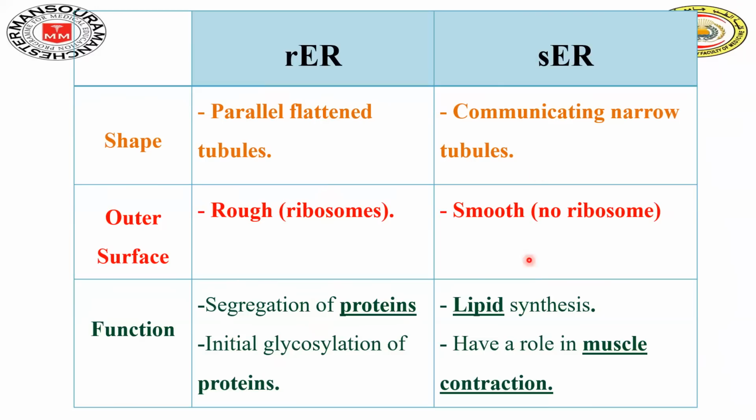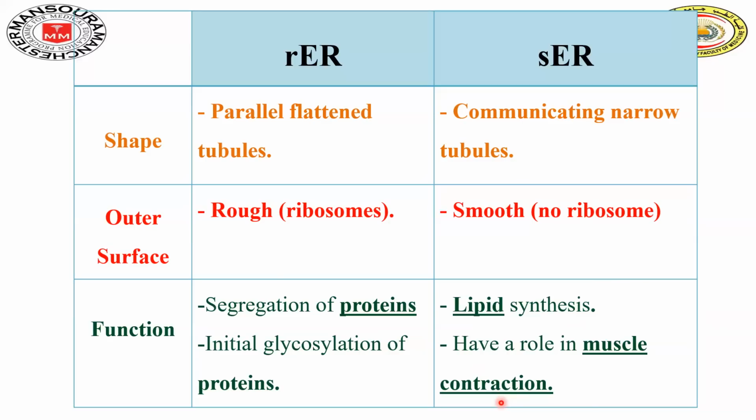Regarding the smooth type, it will deal with the other components in the body. Here we have proteins, but smooth will have a function regarding lipids and carbohydrates more. So smooth endoplasmic reticulum is concerned with lipid synthesis, production of lipids. In addition, it has a very important role in muscle contraction.